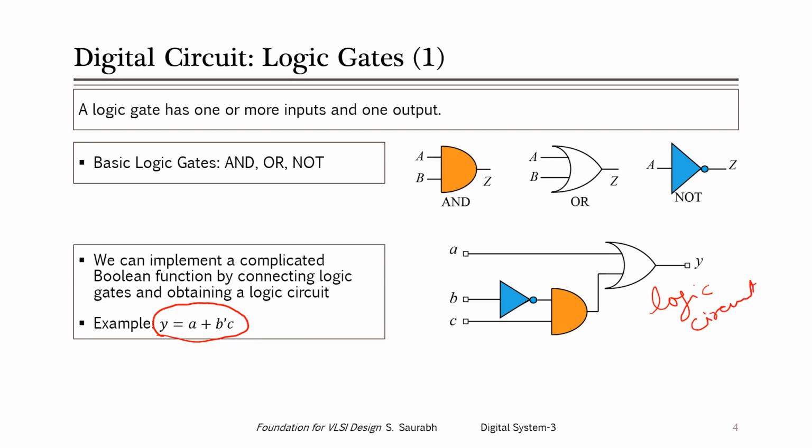It implements this. This is b, this is c, so this is b bar, and this is b bar c. And then this is OR of a and b bar c. So this logic circuit implements the given Boolean function y is equal to a plus b bar c.